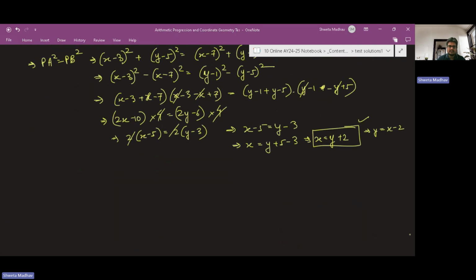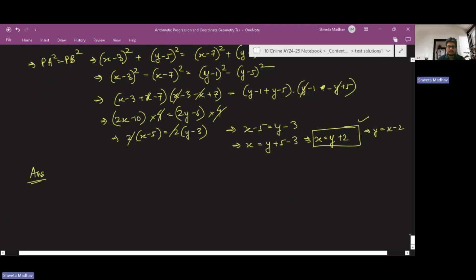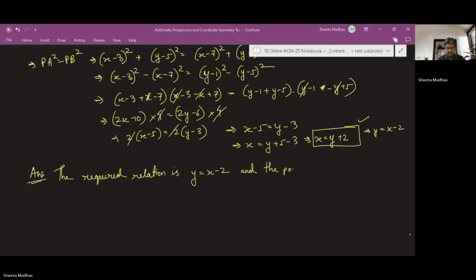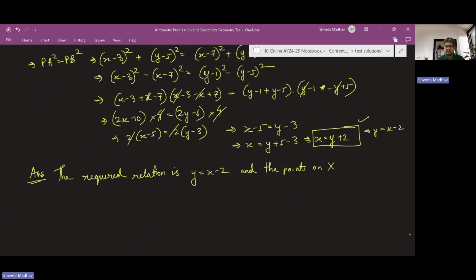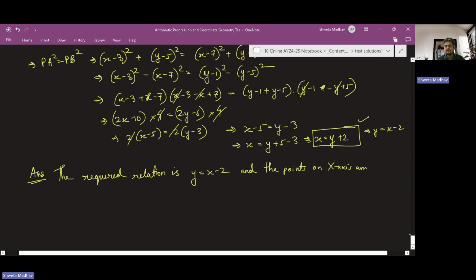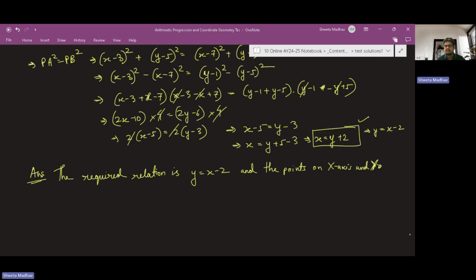So the answer is that the required relation between x and y is y is equal to x minus 2, and the points on the x-axis and y-axis which are equidistant from A and B.